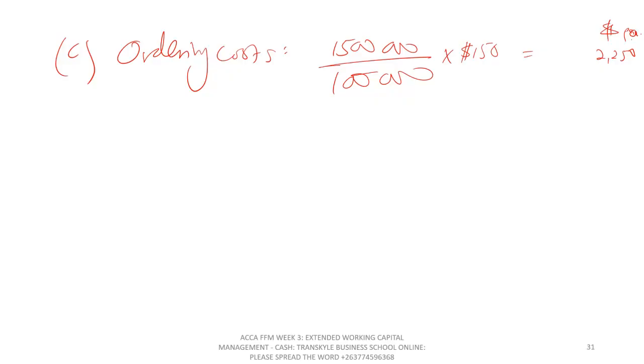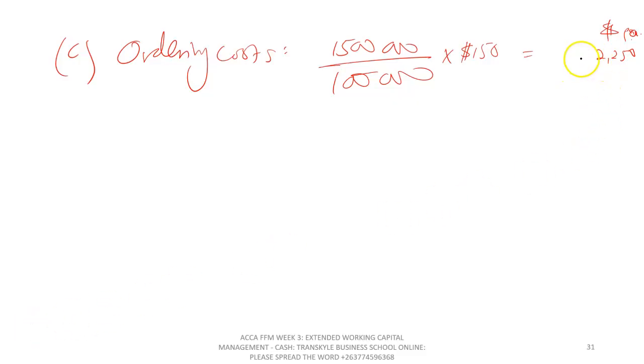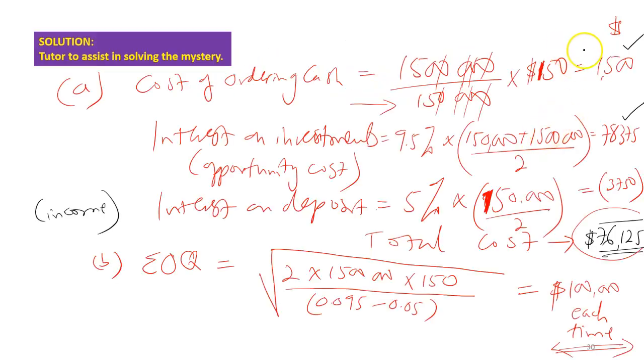Please note that as the order size reduces, the number of orders increases, and that will increase the ordering cost. If you check, you can see that this amount, 2,250, is higher than this amount when the order size was higher at 150. It means the number of orders was reduced.